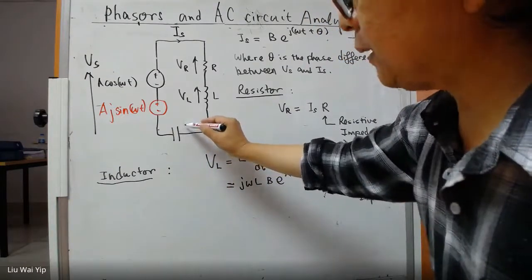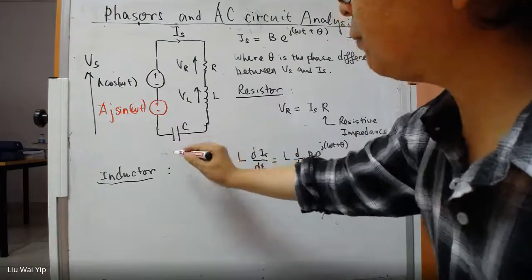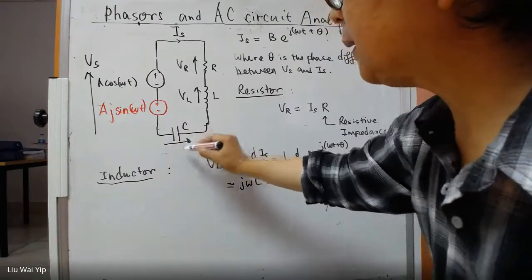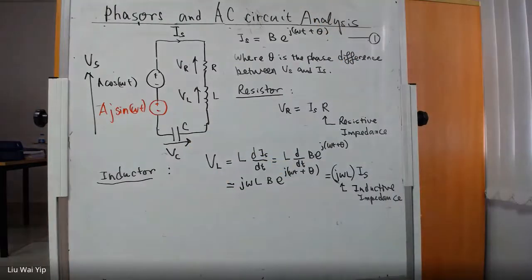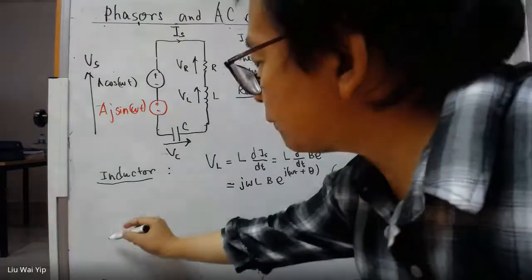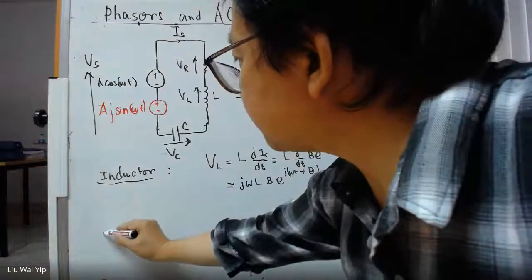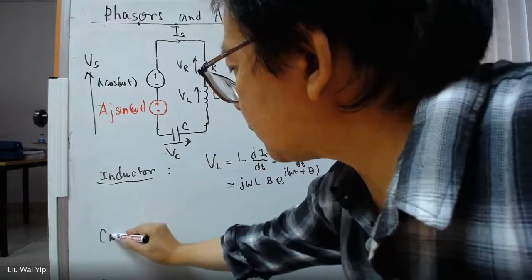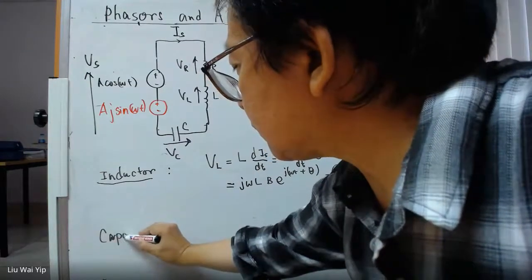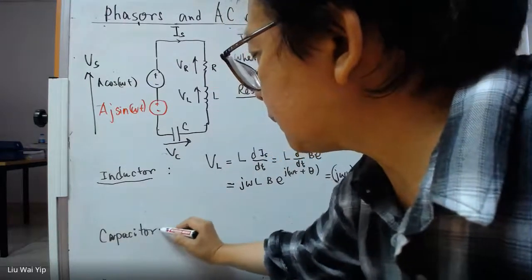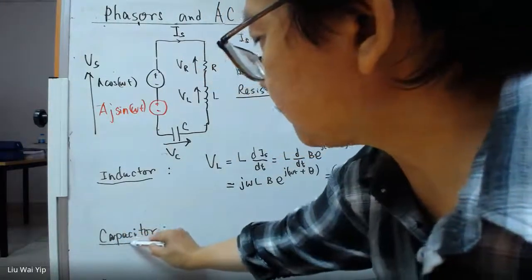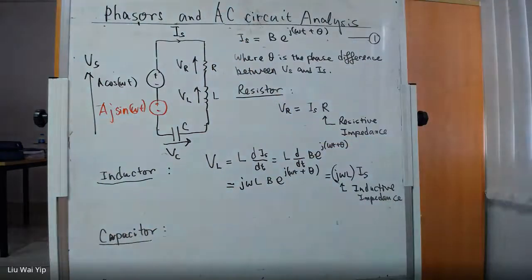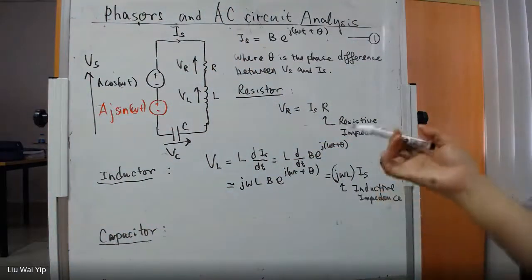The capacitance is C, and the voltage across the capacitor is VC. Now we are going to find the voltage for the capacitor.